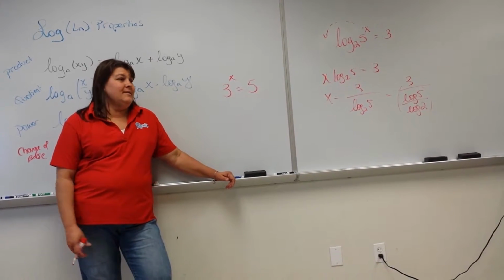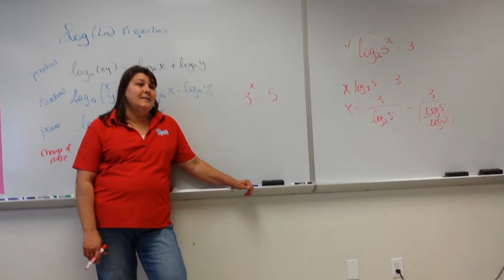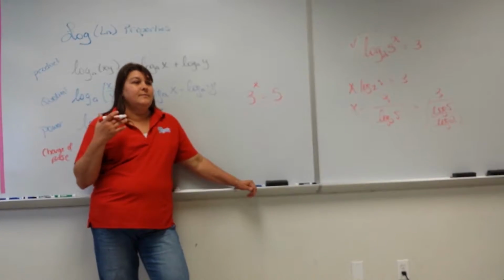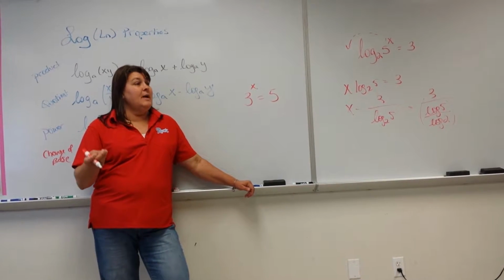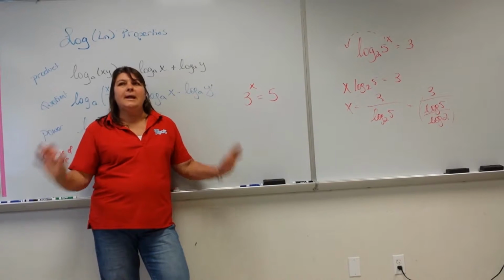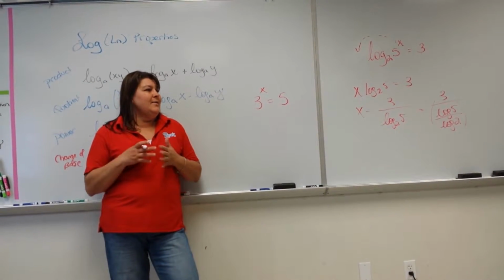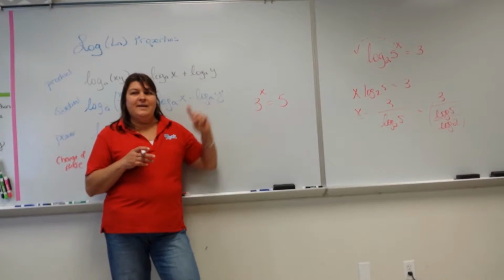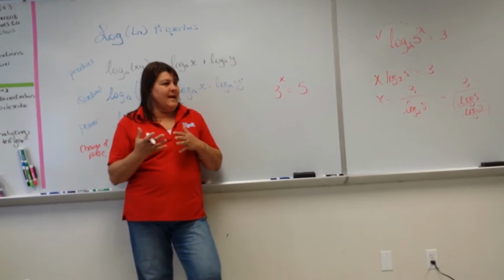And it's not 3 to the x is 27, so they didn't make it nice for me. But I know that I have properties of logs that I can utilize. And this is where some of the properties come in so handy. If I'm looking at this, I have an exponent of x that I don't want to have as an exponent. I want to fix that.